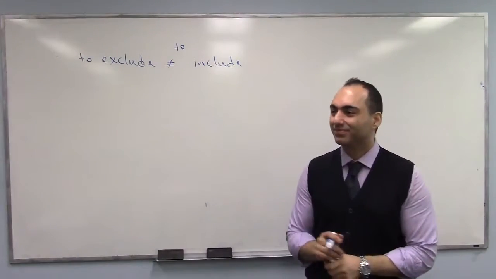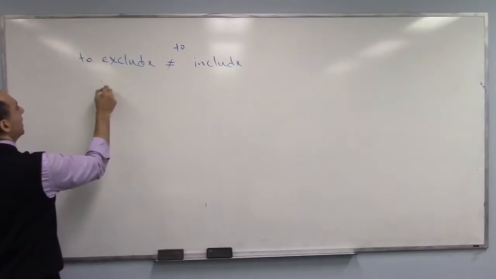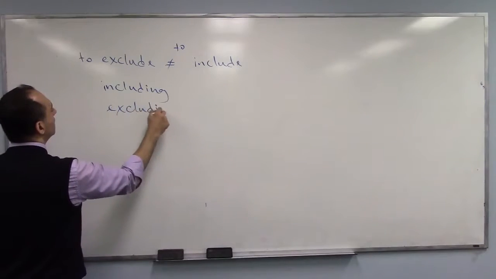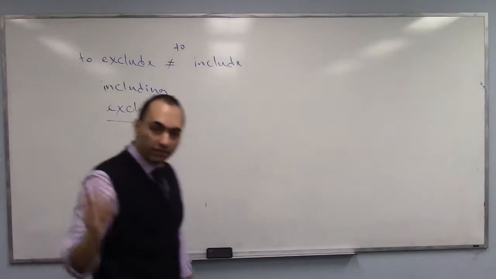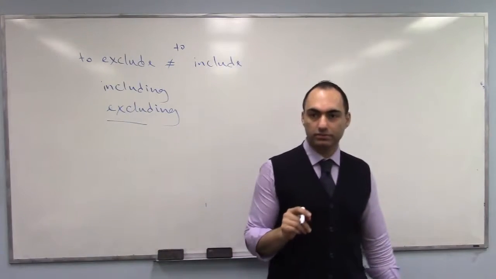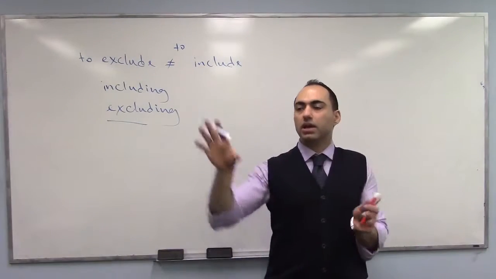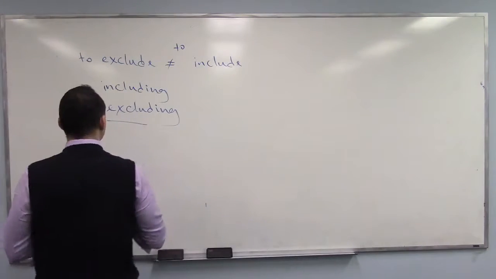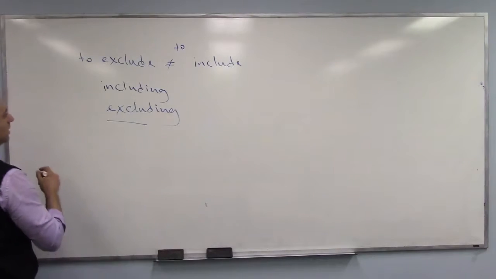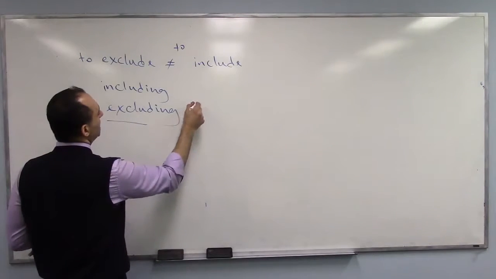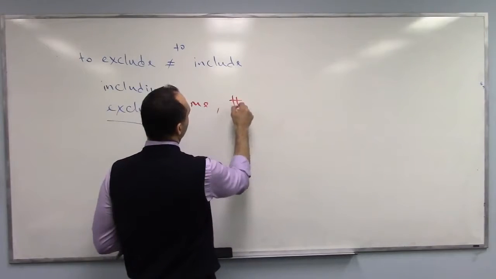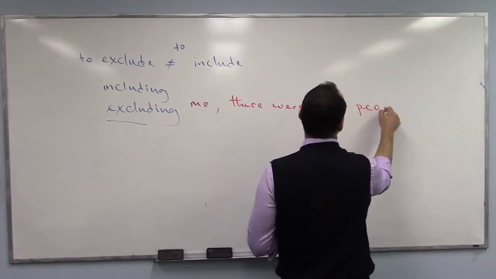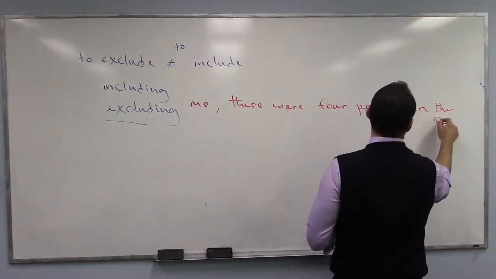Okay. So we have including and excluding. Guys, this is very, very important. Excluding Jack, 4 people are going to the party. So including or excluding me, there were 4 people at the party.